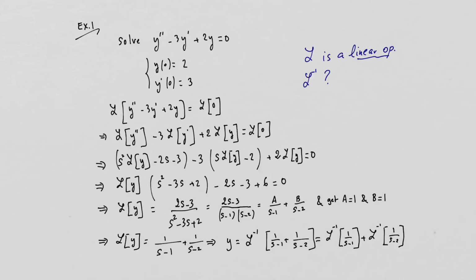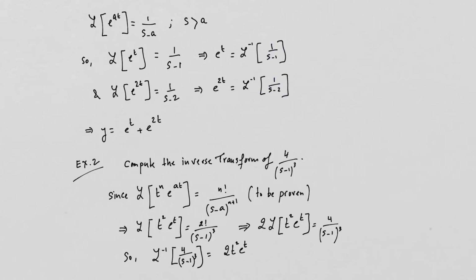I just went straight to the inverse. And the question is, how do we find the inverse transform of this quantity? Okay, we need to split it. But I'm going to make use of a rule that we haven't proven either, and also I'm going to ask you to prove this for homework.